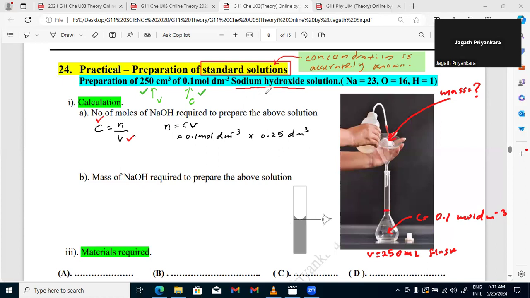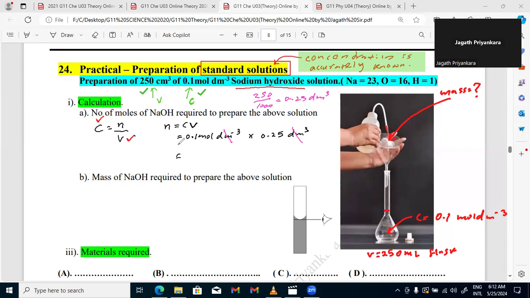How to convert 250 into cubic decimeters? 250 divided by 1000 equals 0.25 dm3. Because the concentration is also given per cubic decimeter, we convert the volume to dm3. After that, dm^-3 and dm3 get cancelled.